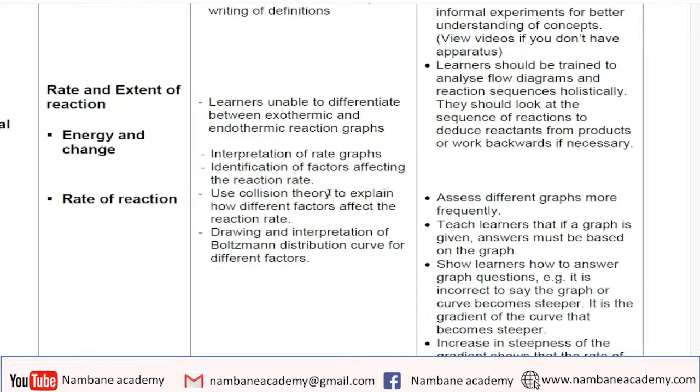But I wanted to highlight that for the changes in the rate of reaction, we must also show them on the graph. Even if we are given a graph to interpret and asked which one is taking place at a higher rate, the one that is steeper will be the one that is closer to the y-axis. So the one that is steeper will be the one that represents a reaction that takes place at a higher rate. They will say, refer to the graph to explain or to identify the reaction that is taking place at a higher rate.